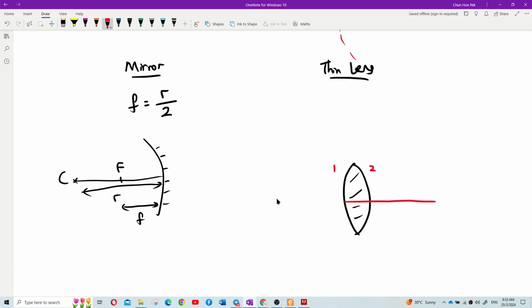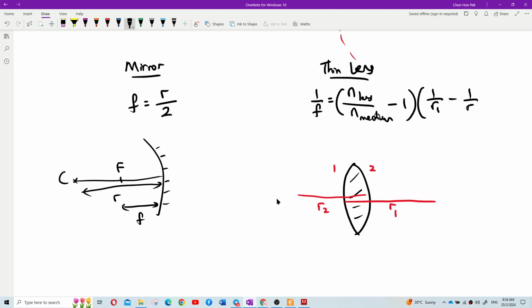This one is radius 1, this one is radius 2. To find the focal length, we need to use the formula: n of the lens over n of the surrounding medium, minus 1, and then 1 over r1 minus 1 over r2.